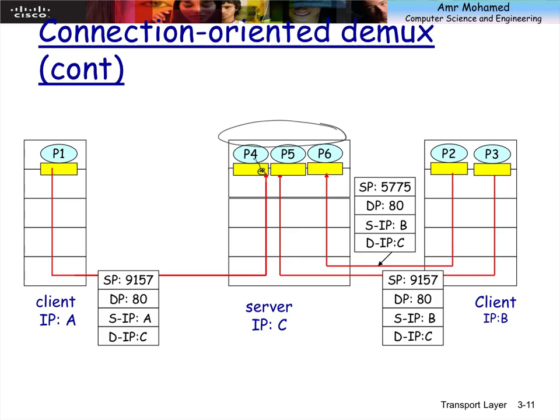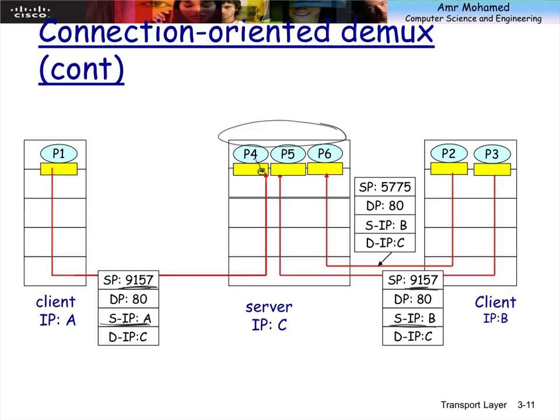Okay? Victor, I just got confused here. When we created the three sockets, based on the fact that the source port here, to confuse you, we have the same source port here. Why? Because we are coming from different source IP addresses.